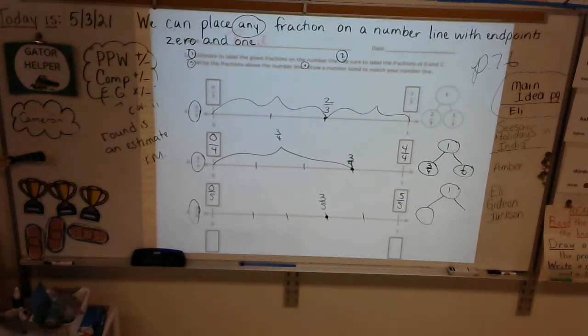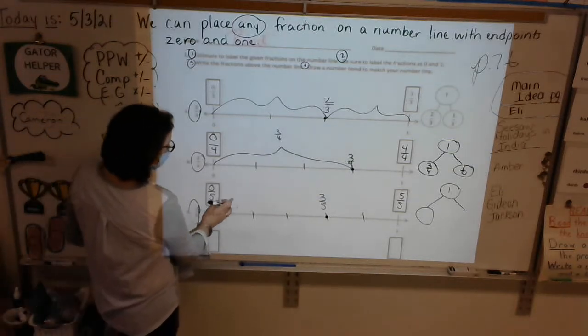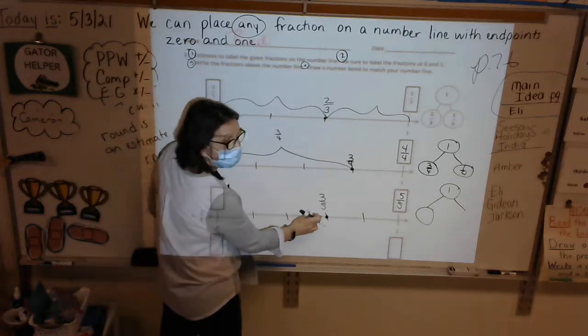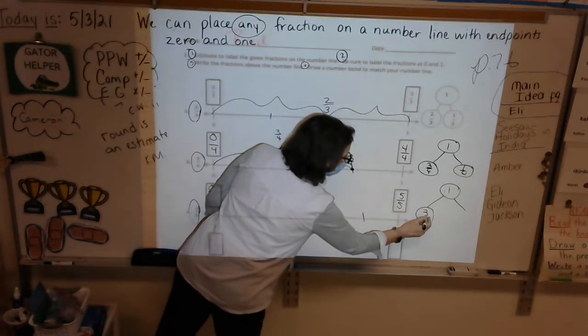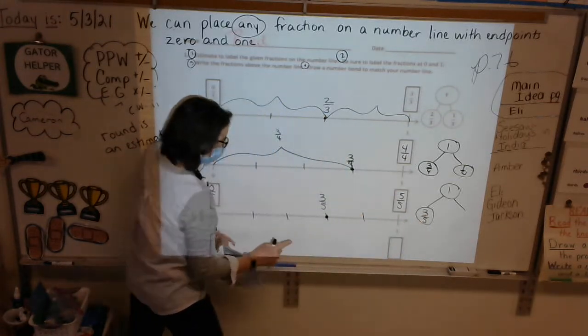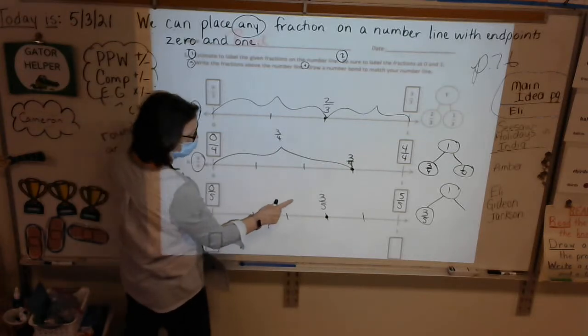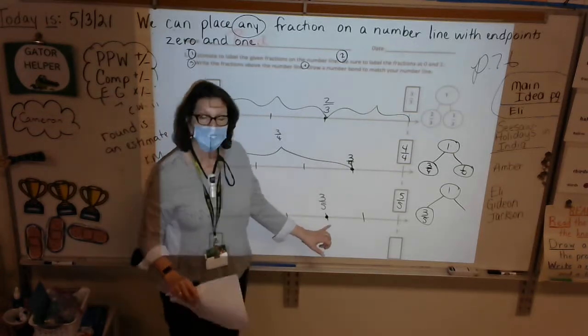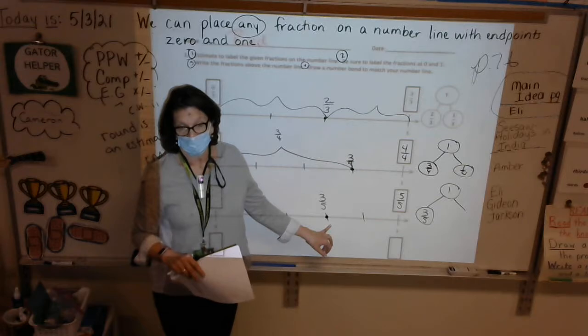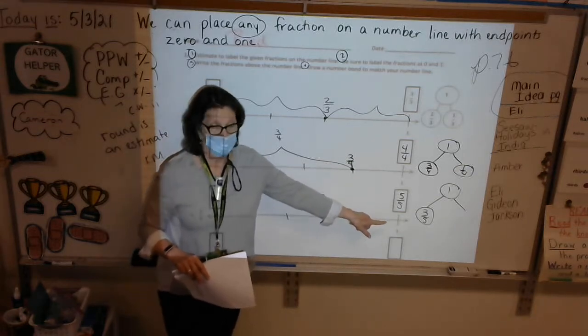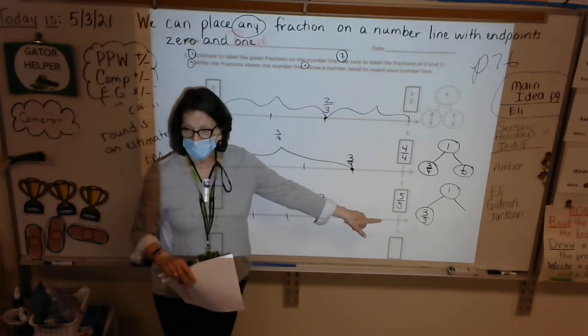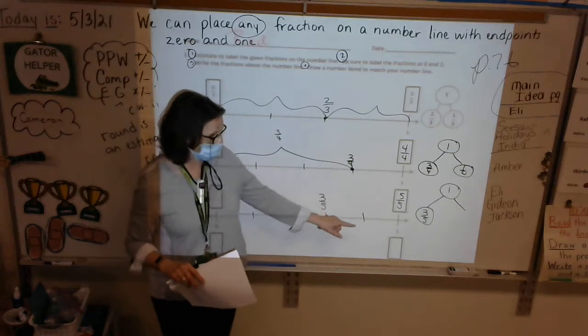Lori. 3/5. Very good. There's my 3/5. Remember, count class. 1/5, 2/5, 3/5. If I'm at 3/5, how many fifths do I have to count to get to 1 whole? Gideon, how many fifths will I have to count to get from 3/5 to 1 whole?